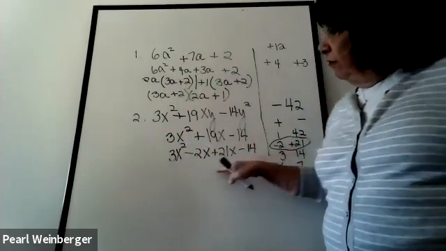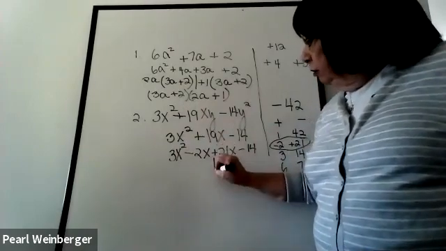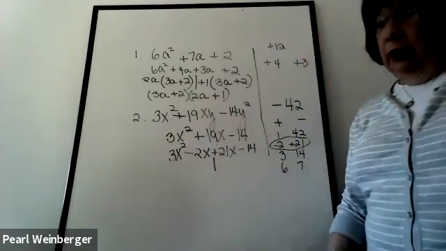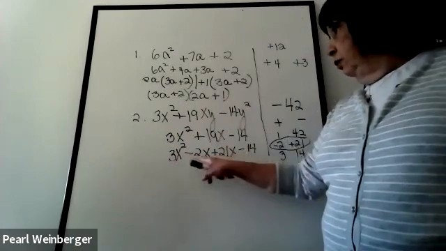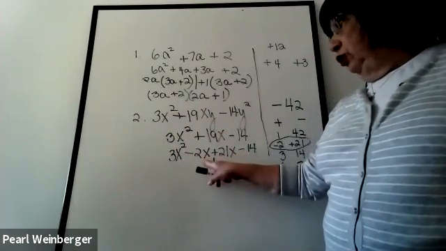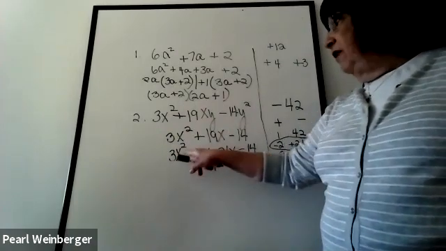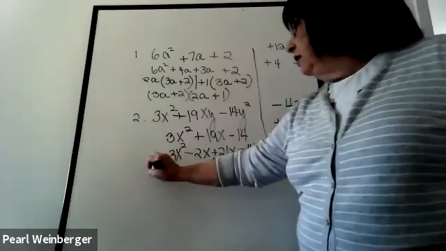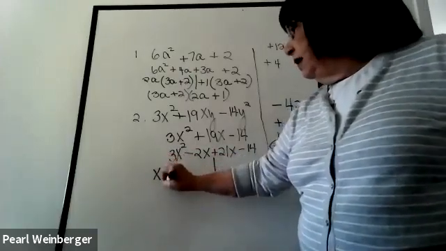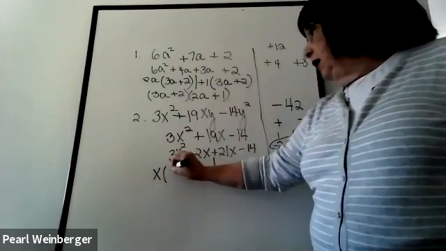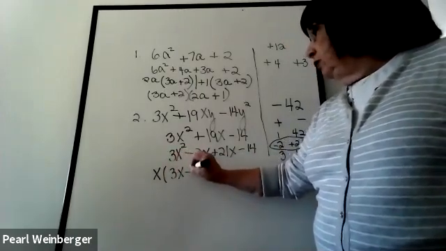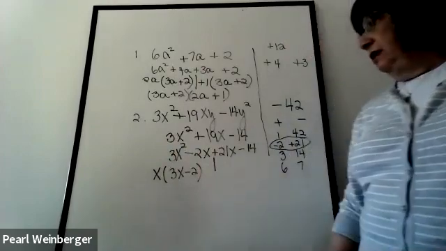So now I have 4 terms, and I can use grouping. Okay, in the first group, 3x squared minus 2x, the only common factor happens to be the x. I put the x on the outside, and I get 3x minus 2 in my first parentheses.